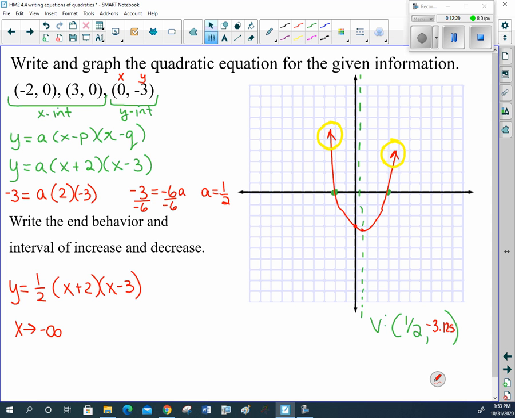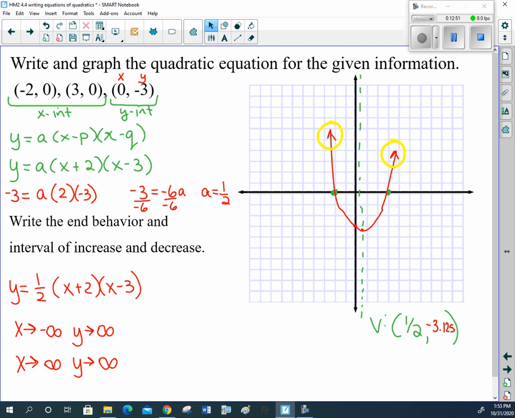As x goes to -infinity, the arrow is pointing up. So y is going to +infinity. And then the arrow on the right, as x goes to +infinity, it's also pointing up. So y equals +infinity.